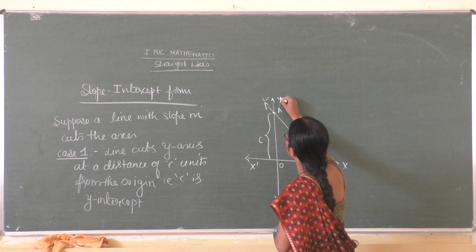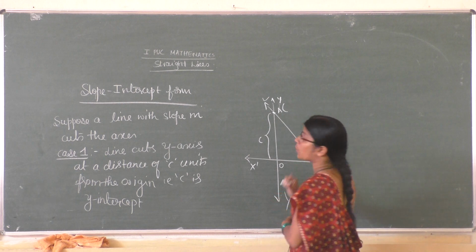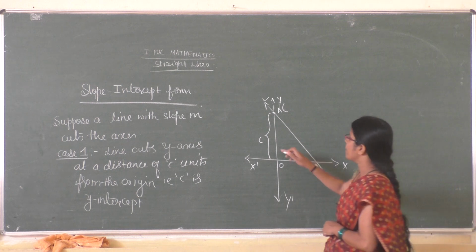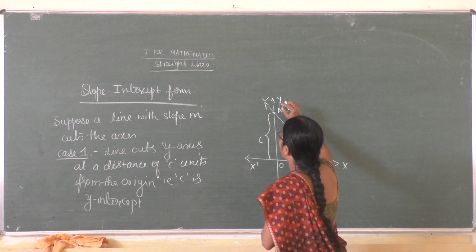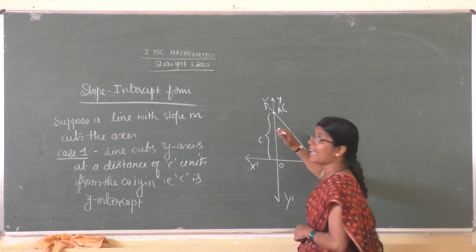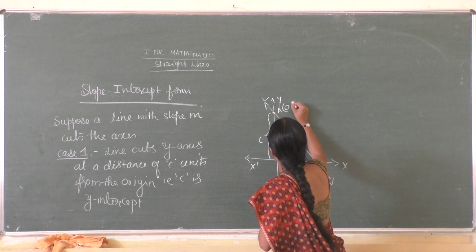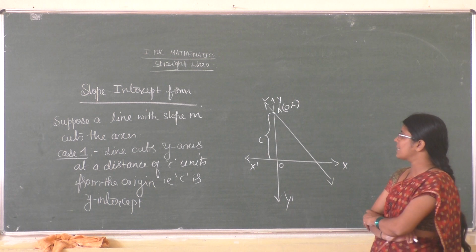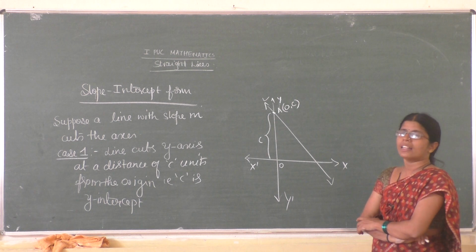If I take this point as A, what are the coordinates of this particular point? Okay, because this distance is c and a point lie on y-axis, so the coordinates are 0, c. Okay, so the coordinates of the point is 0, c.